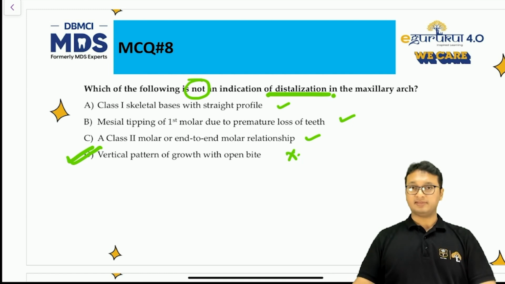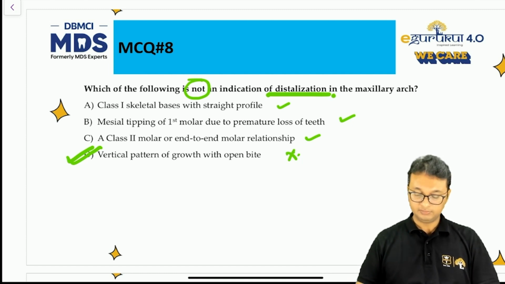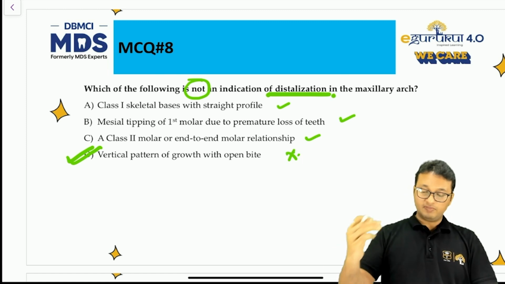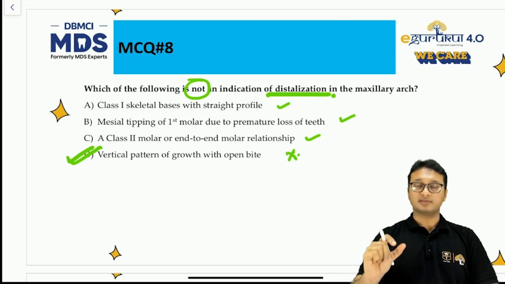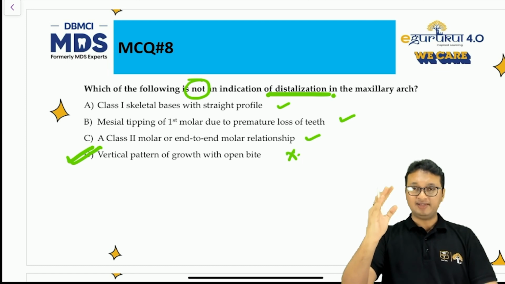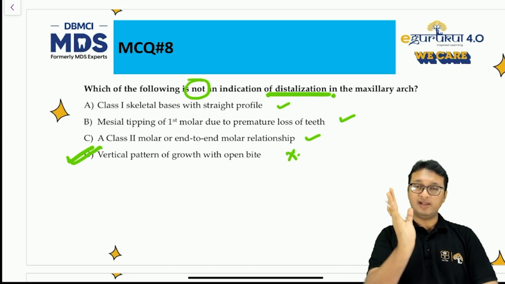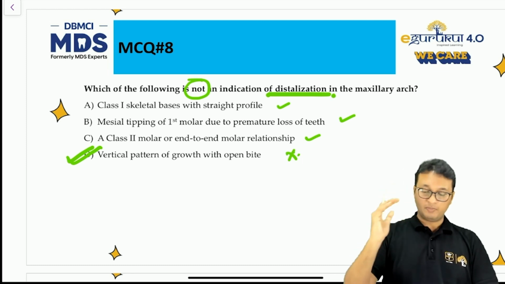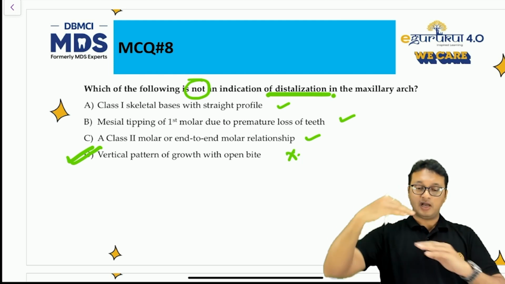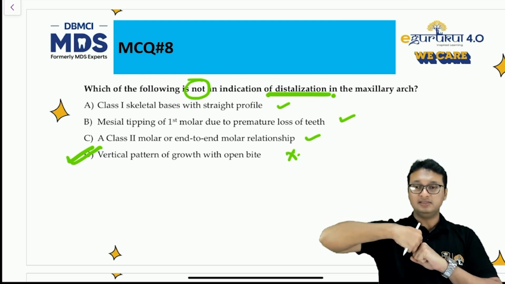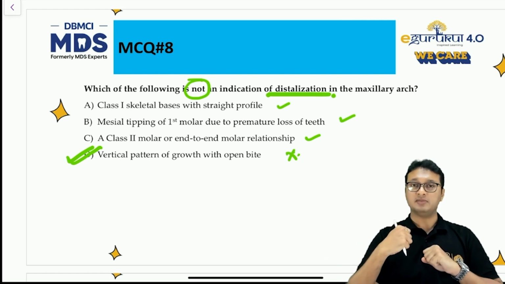You know what happens with distalization, as we'll see in the live classes later on. With distalization of the maxillary arch, the maxillary molars have a tendency of angulating slightly distally. Because of that, the wedging effect comes into place. The upper molar is hitting against the occlusal table of the lower second molar.